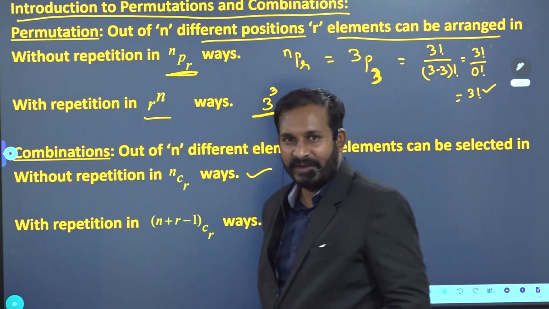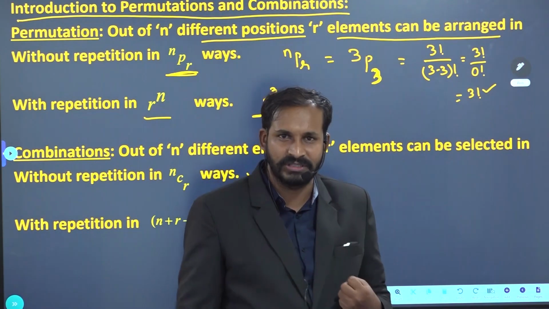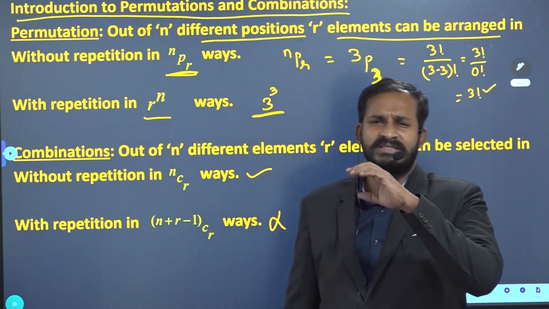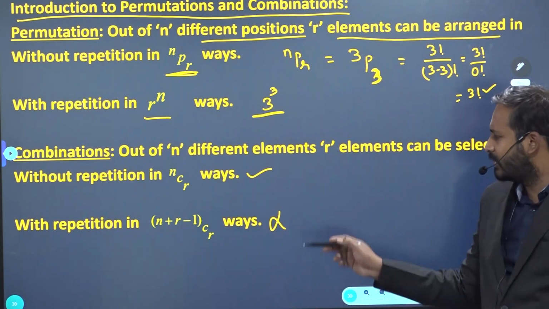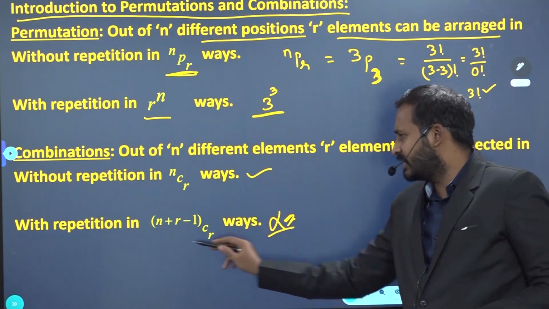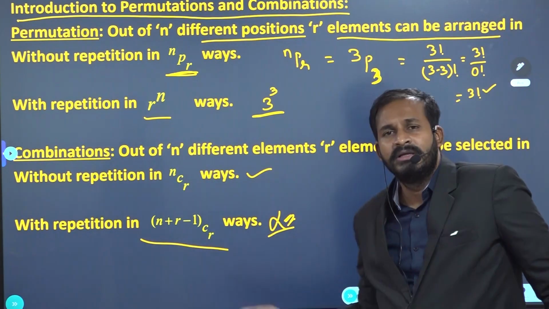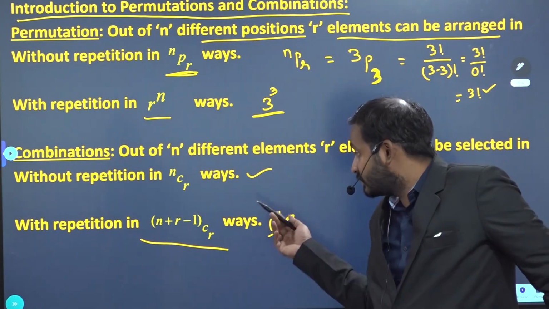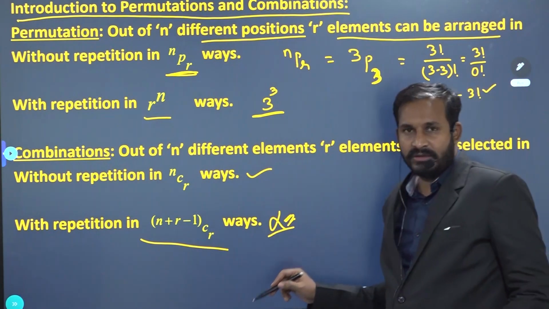Because if there are 5 persons, how can I pick him multiple times? Actually, is it possible? Not possible. There will be some rarest of the rare situations where we will use this formula, but no need to worry about this one, students. Just for formula sake, for your knowledge sake, I have given. Very rarely they are going to ask these questions. No need to worry about this with repetition case in combinations.